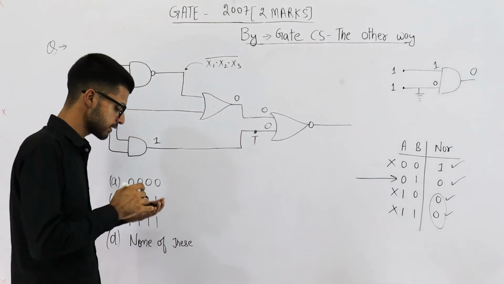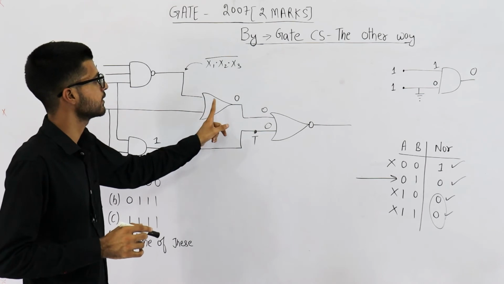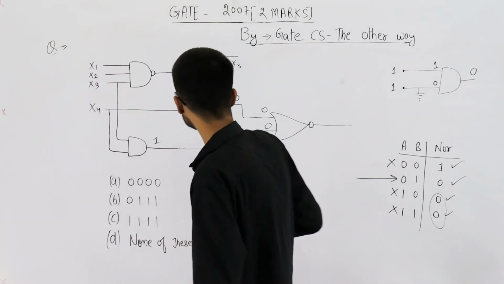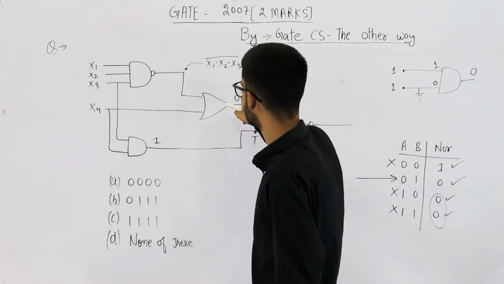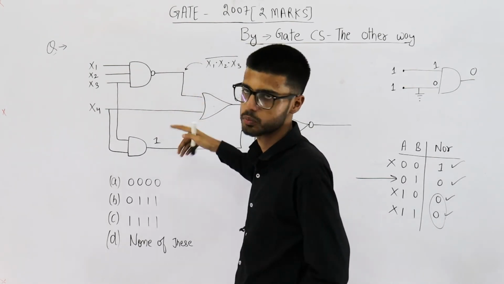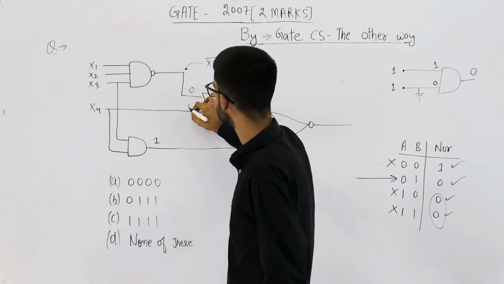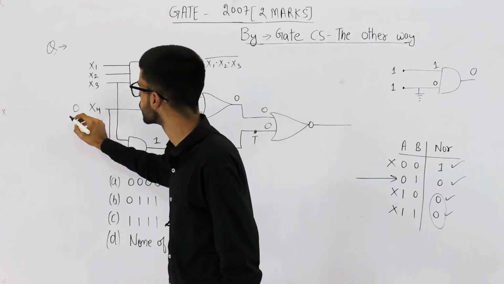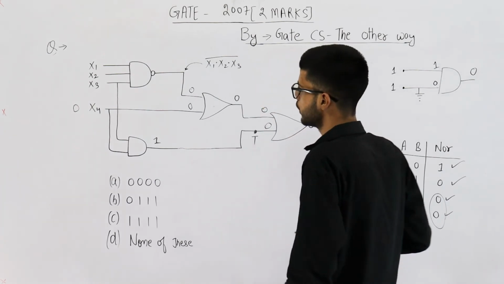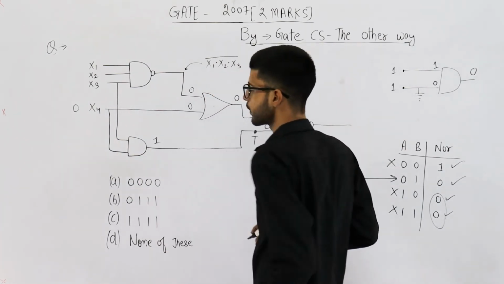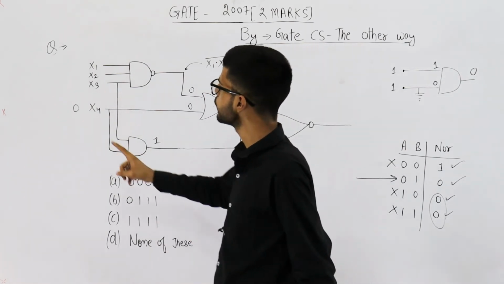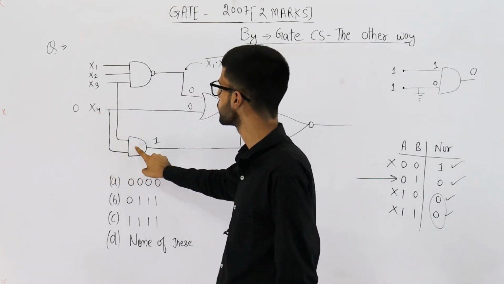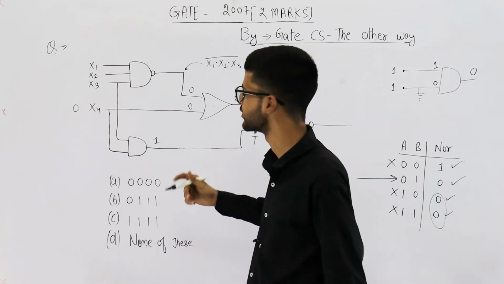Now let's try to somehow make this gate's output 0 and this gate's output as 1. This output is 0, means this one should be 0, this one should be 0. Both of them should be 0. This one should be 0, means x4 must be 0. So value of x4 is fixed. If x4 is 0, one of the inputs of AND gate is 0. That means this AND gate will output as 0.